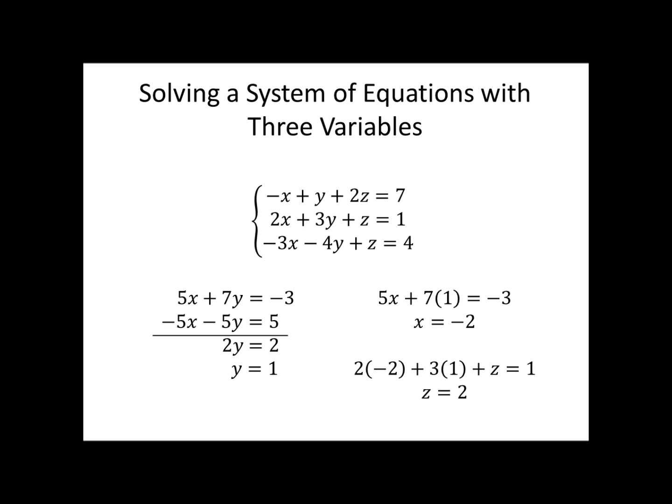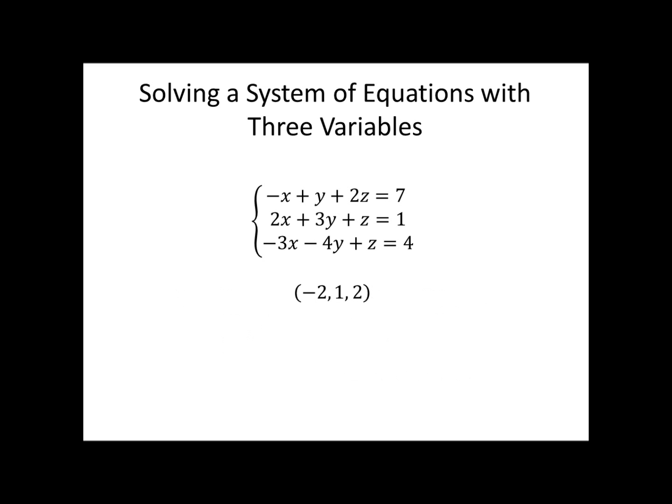I should get z equals 2 no matter which of the top equations I use. So I choose the simplest one to solve for. So I get x equals negative 2, y equals 1, and z equals 2. Now what I need to do finally is just write them in an ordered triple. So it's kind of like a point, but there's 3 of them, so it's a 3-dimensional point.